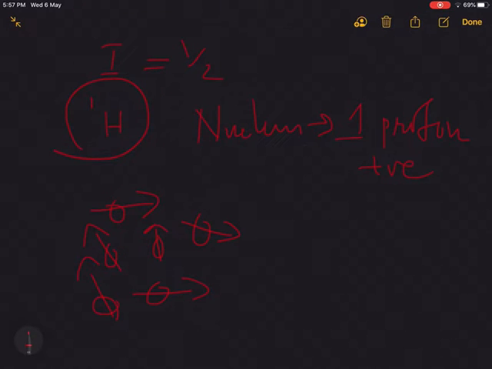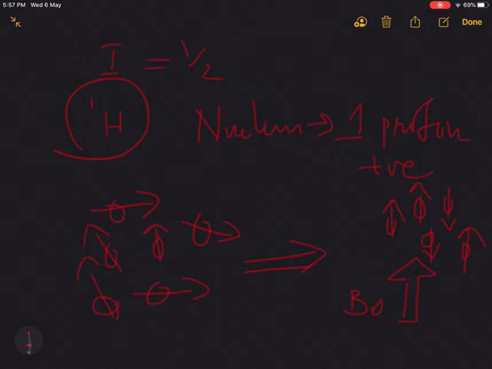When this proton is placed in a powerful magnetic field of strength B0, all these protons align either with the field or against the field. Just like this, protons are aligned either with the field or against the field.